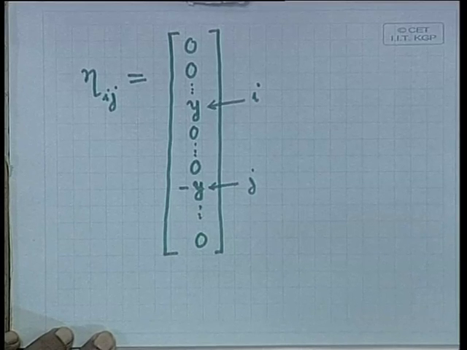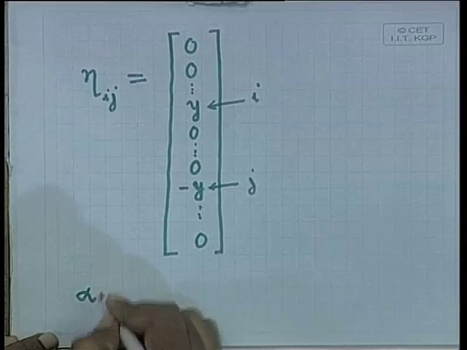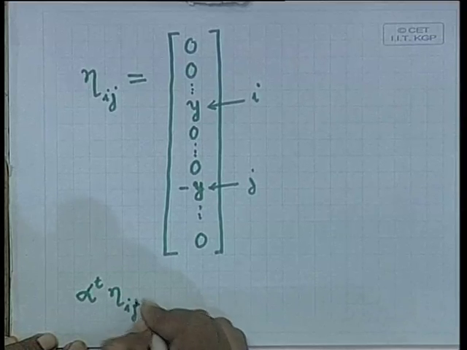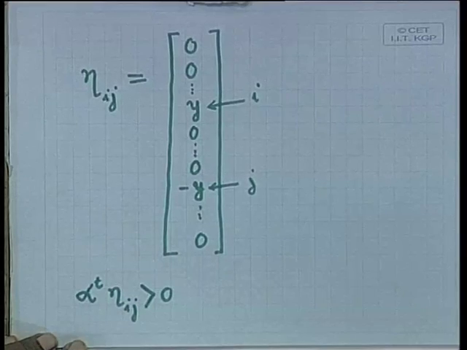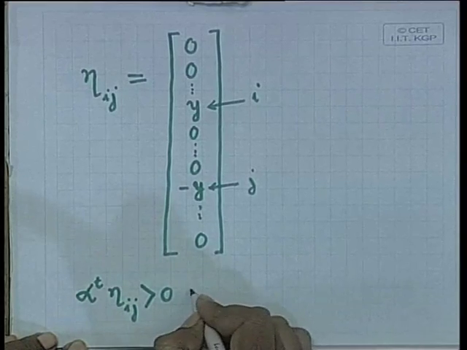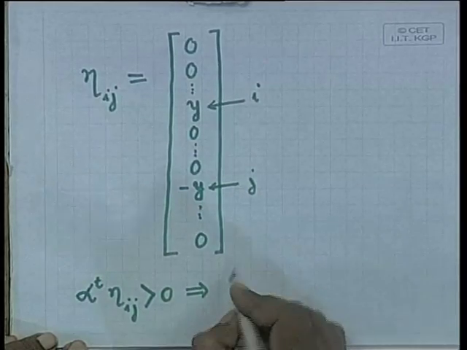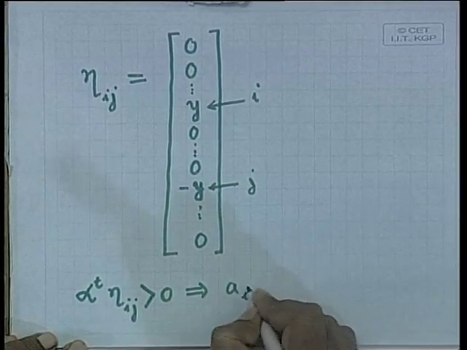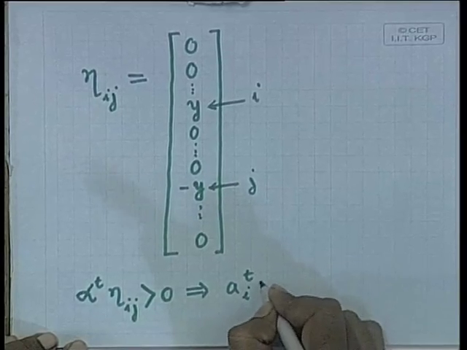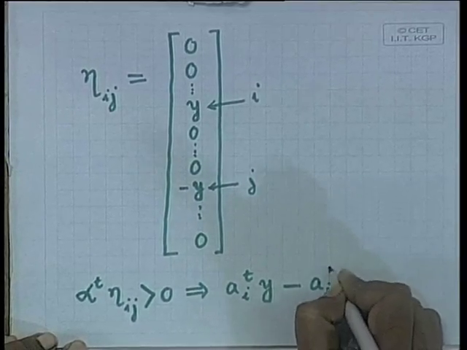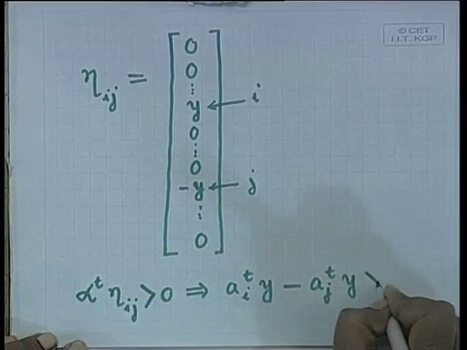Is that okay? And alpha transpose eta i j greater than 0, that is equivalent to, if you follow from here, it will simply be A i transpose y minus A j transpose y greater than 0.